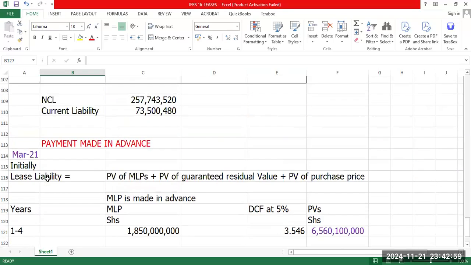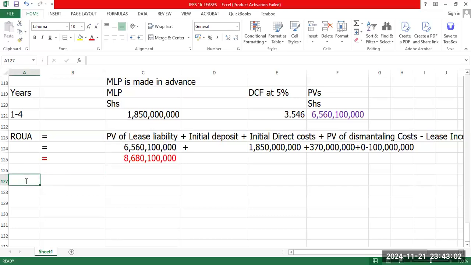Then we do subsequently. We depreciate the right of use asset.